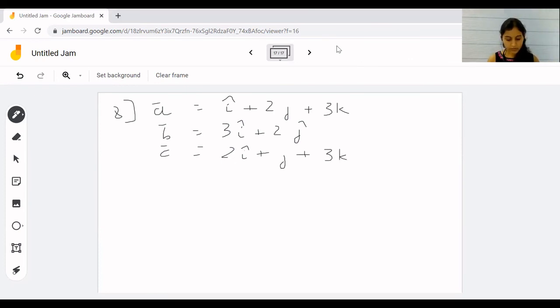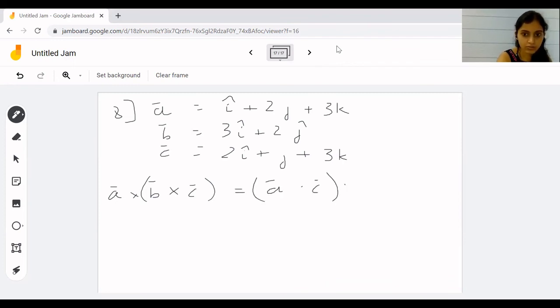Three vectors. Now verify that the triple product, that is a bar cross b bar cross c bar, is equal to a bar dot c bar into b, minus a bar dot b bar into c.